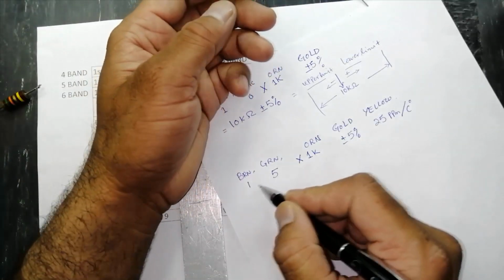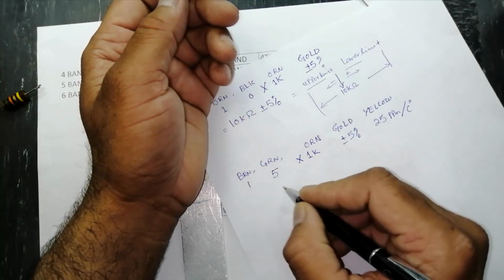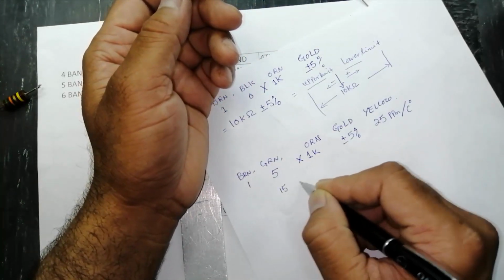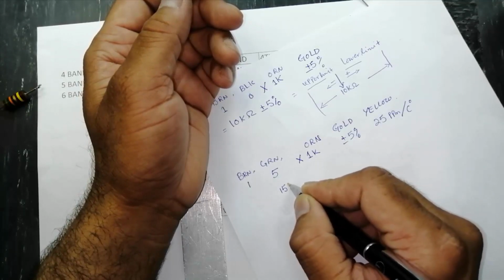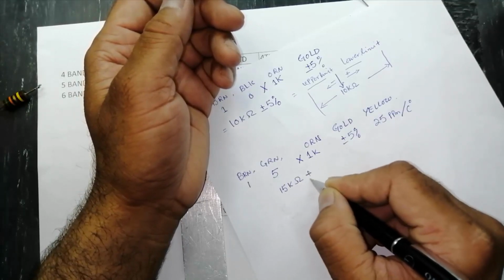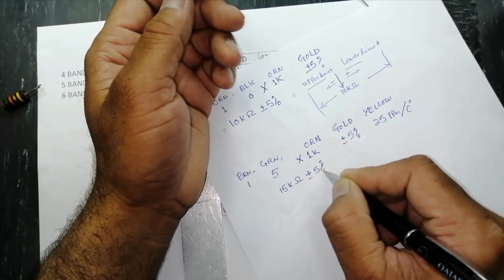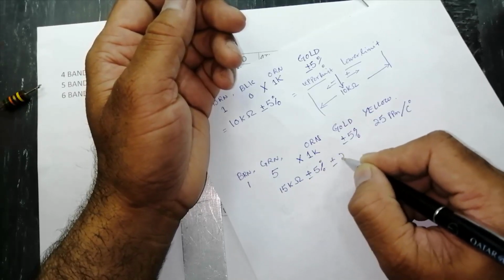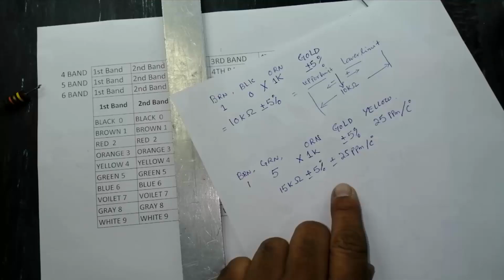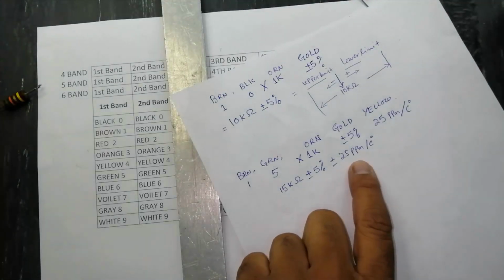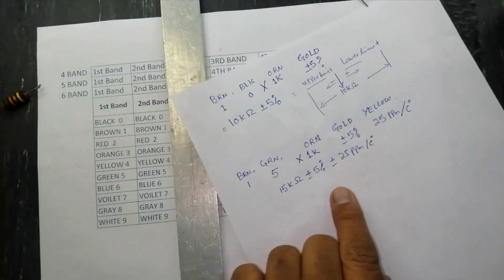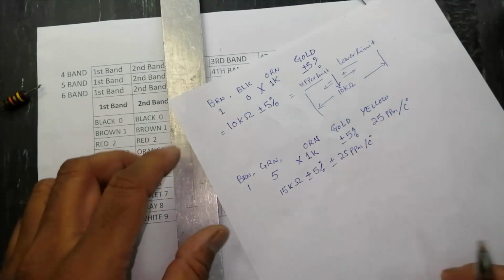So it is 15K multiplied by 1K, so 15 kilo ohm plus minus 5% plus minus 25, that is the temperature coefficient. So at each degree its resistance can be affected by about 25 ppm per degree centigrade.